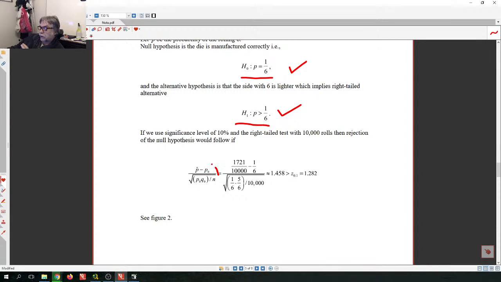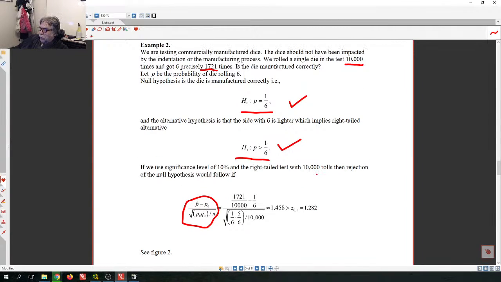Okay, this is our test statistic. This is the test statistic that we have learned, which should be a z-value, right? So all I have to do is to calculate that. On the top I have a p-hat, which is what I got out of the sample. Proportion of the sample is 1721 out of 10,000. I wrote that like this. You can certainly write this decimal number, 0.1721, minus this guy.